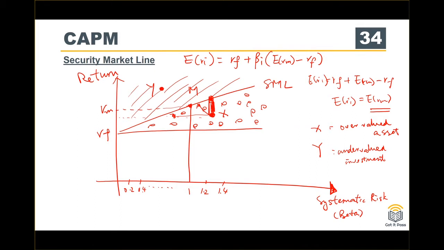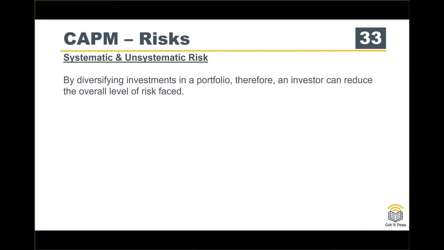Because the price dropped, the return will be better until it is at the security market line. And for Y, given the risk, people will go in to buy Y and bid up the price. So the return will come down until it hits the security market line. So here is the explanation of the security market line.